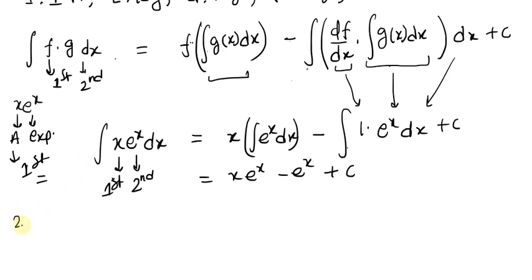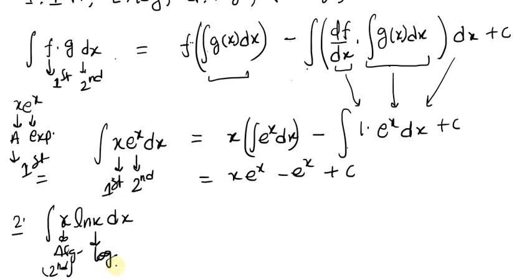If you go for another problem like x ln x dx, you know this one is algebraic and this one is logarithmic. So according to ILATE, now ln x is the first function, right? And now x is the second function. Agreed?